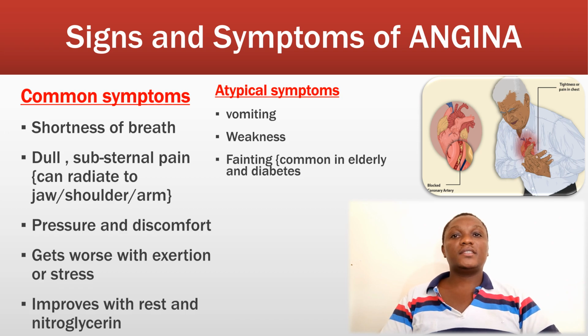This pain gets worse with exertion or stress, and it improves with rest and administration of nitroglycerin. We have other atypical symptoms such as vomiting, weakness, and fainting, and this fainting commonly occurs in elderly and diabetic clients.